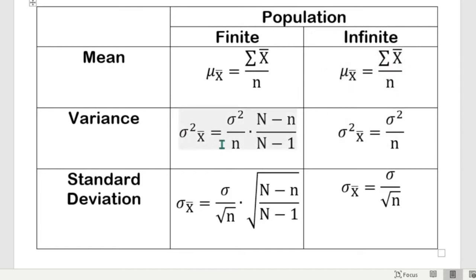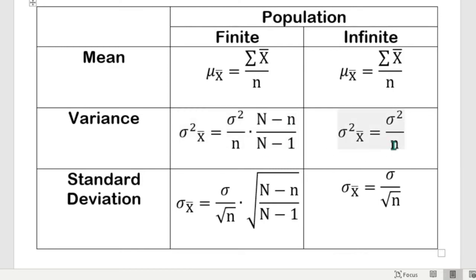While for the variance, to determine the variance of the sampling distribution of the sample means, which is denoted by lowercase sigma squared sub x bar, we have the variance of the population divided by the sample size n, multiplied by the population N minus the sample n, divided by the population N minus 1.